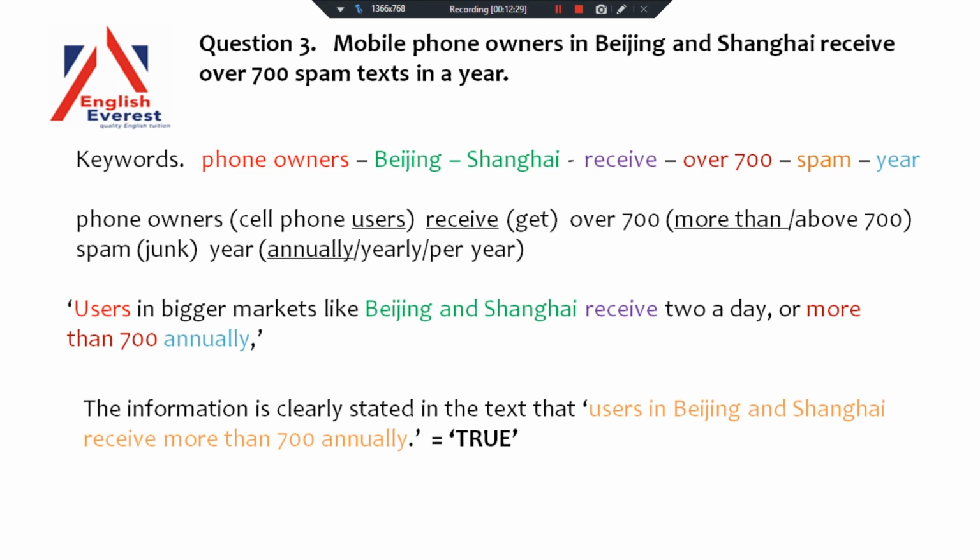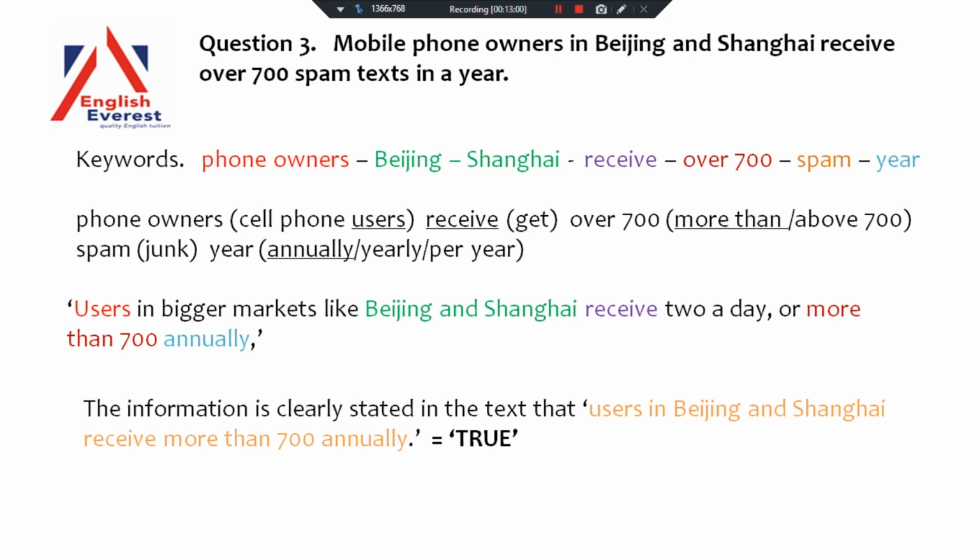Phone owners, Beijing, Shanghai, receive, over 700, spam, year. So I've got cell phone users. Users are owners. Receive, get. Over 700, more than or above 700. Spam, junk. Year, annually, yearly, or per year. Those are the ones that I think of to help me before I look at the text again.